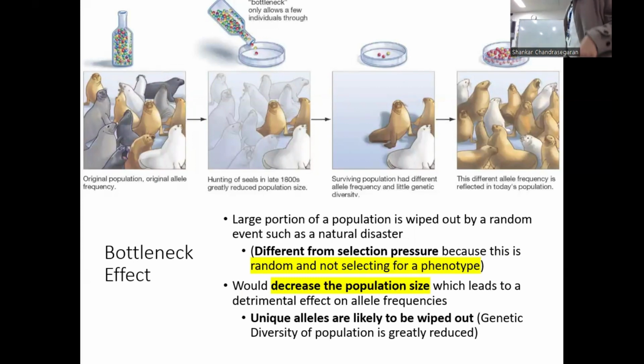Selection pressure could also be natural disasters. Usually a predator or some kind of hunting is involved, because something is actively selecting for that phenotype.